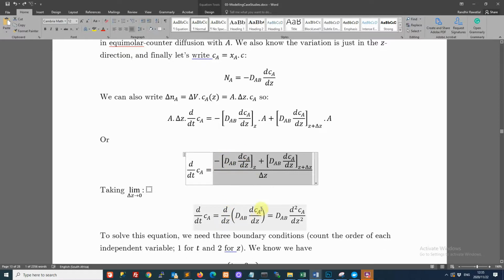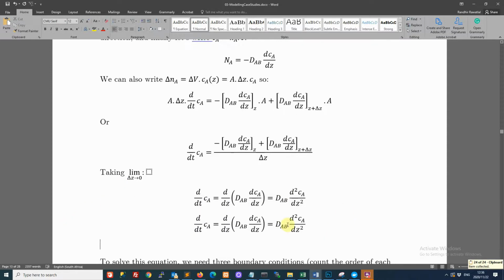And then D_AB is a constant with respect to z, so we can just take that out as a constant, and then you've got d/dz of CA, so it's d2CA/dz squared. Right, so that's our balance, and I'm just going to write the slightly easier to see form.